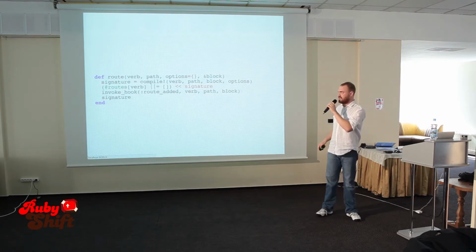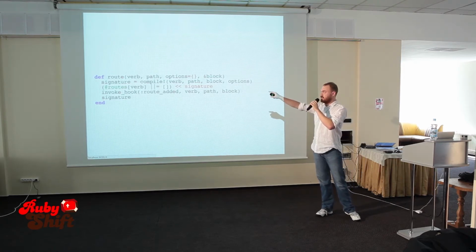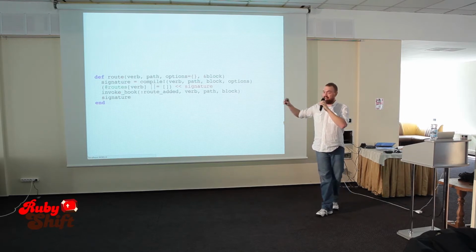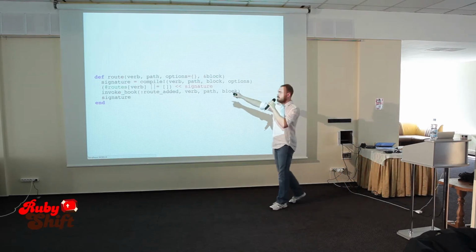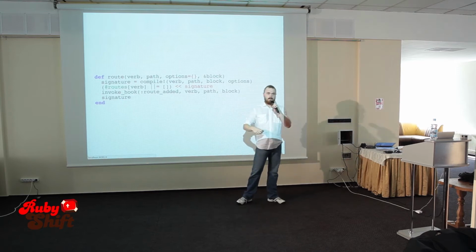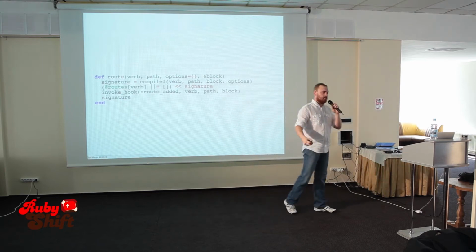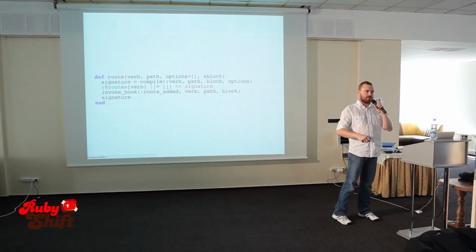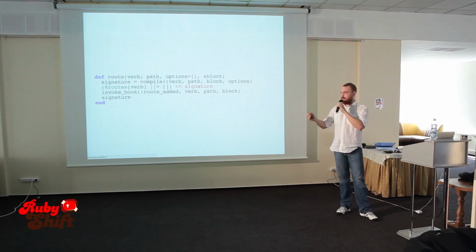The most interesting thing here is this signature. There is another method, we won't go into it, called compile, which gets the verb, the path, block, and options, and it creates a method, and it creates the root, and that root is put into roots in the next line.